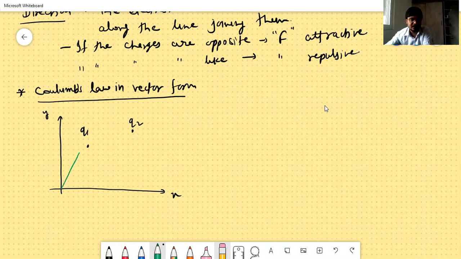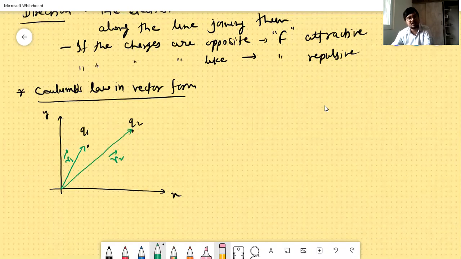Let us say this r1 is the position vector of q1, and this, let me draw it clearly, this r2 is the position vector of q2. Then this r vector has some significance.